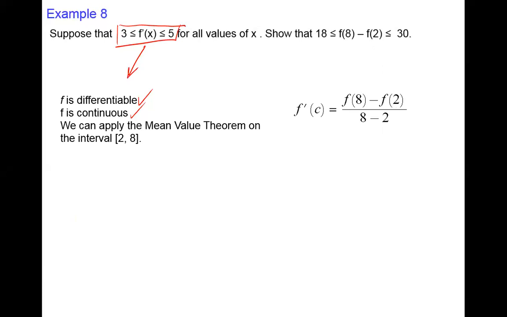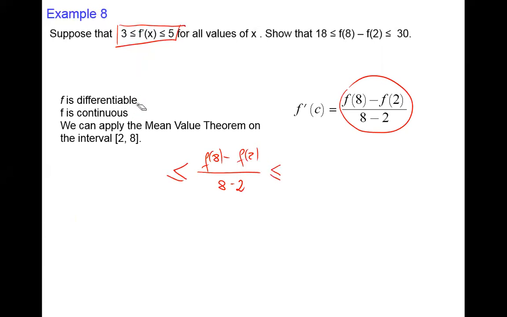Actually, I wanted to do it differently because I wanted to show you what we can do. This is my derivative, right? f of 8 minus f of 2 over 8 minus 2. And I know that this derivative is between 3 and 5. We can start from this or we can start from this, but we know that this is the derivative.